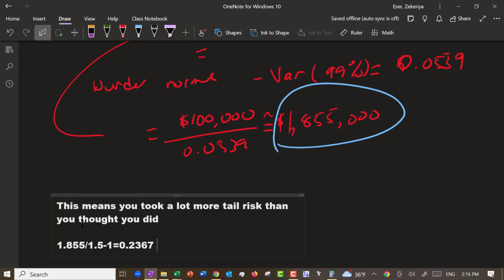Now, given these limits, assuming the distribution was normal, you had 10 trades, you're going to have to finance up to about $18.5 million of position.